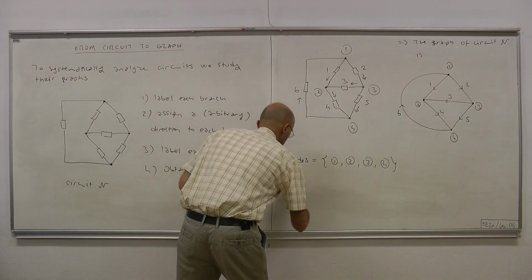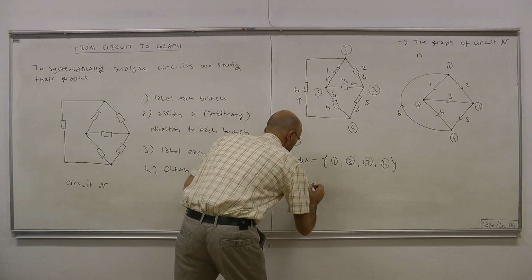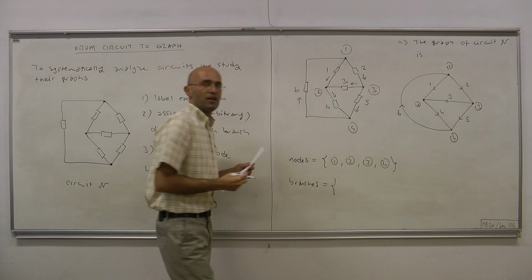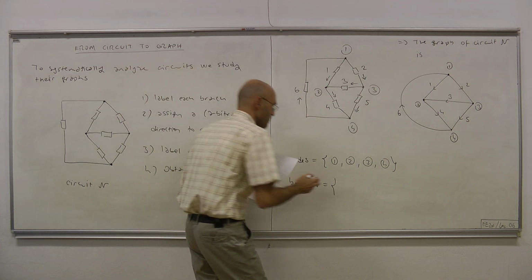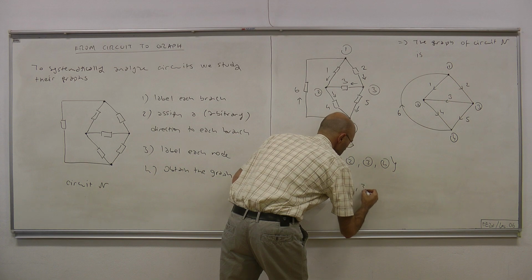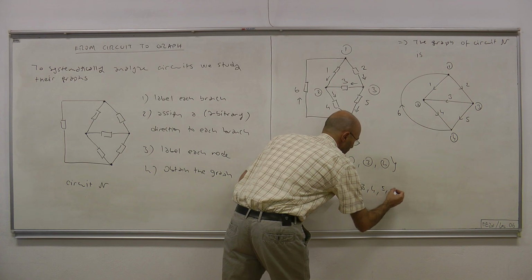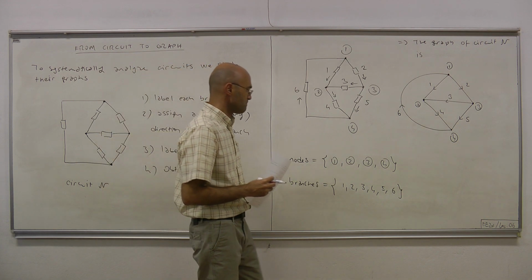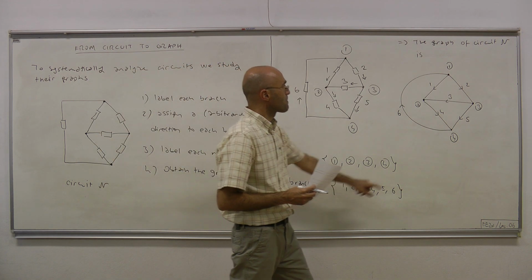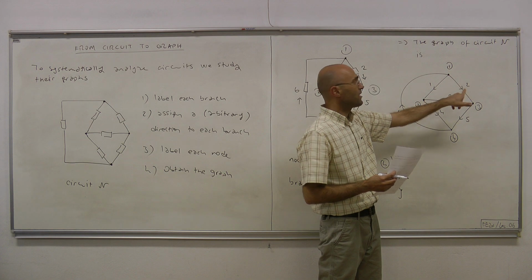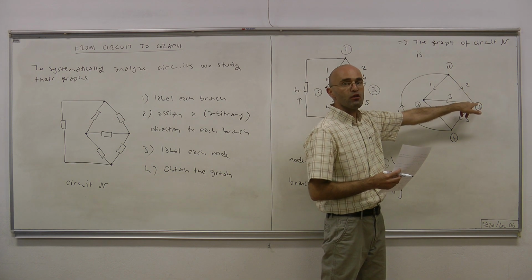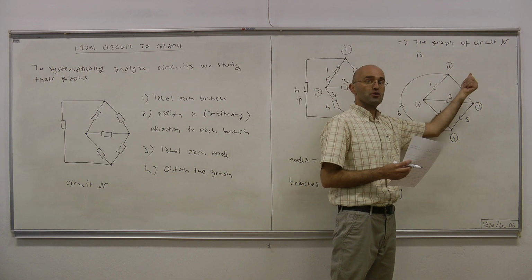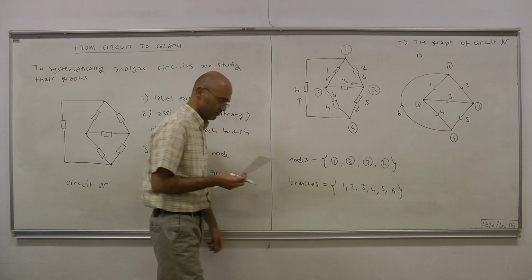And it has 6 branches, which we labeled as 1, 2, 3, 4, 5, 6. For instance, the second branch is this one that connects the first node to the third node, and its direction is from the first to the third node, and so on.